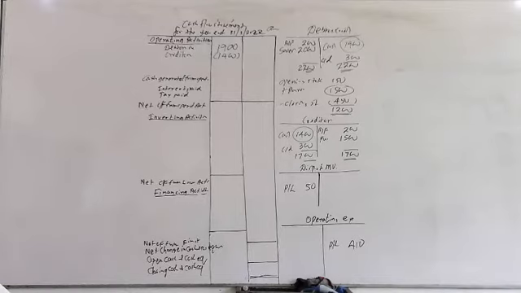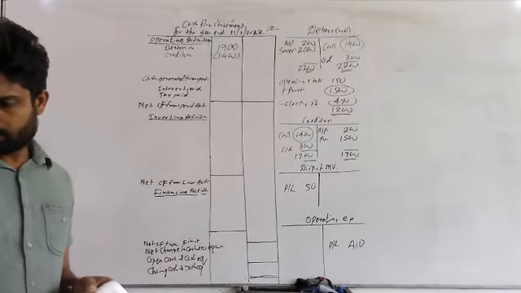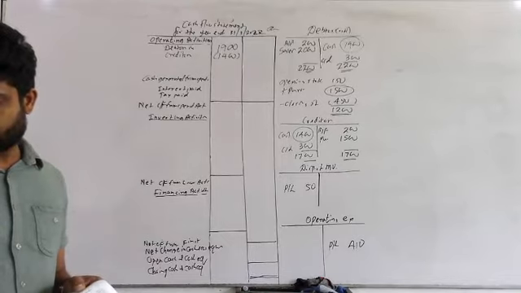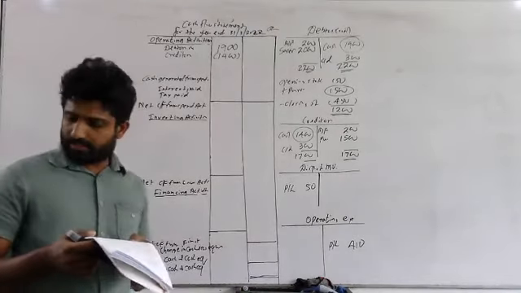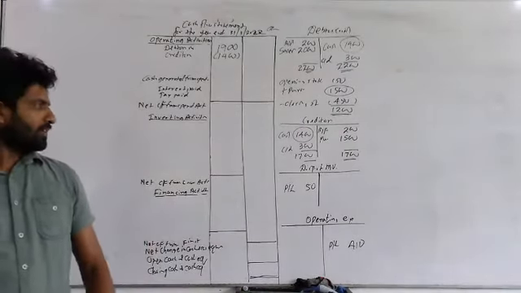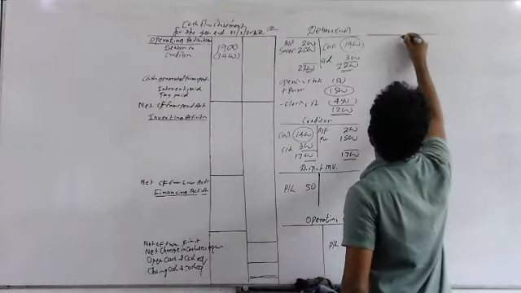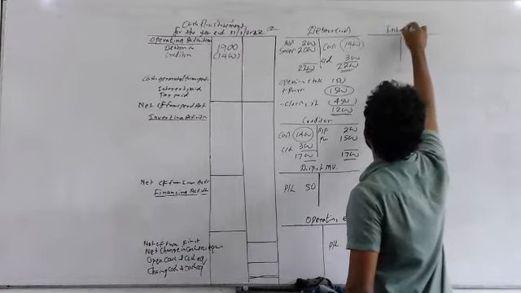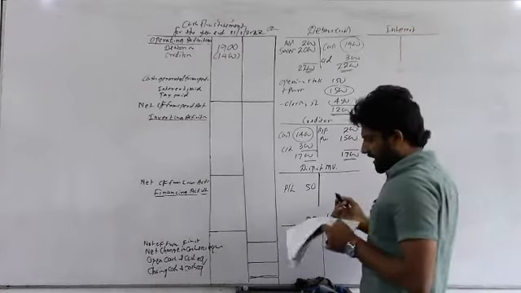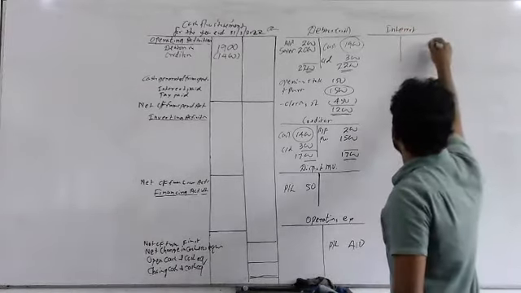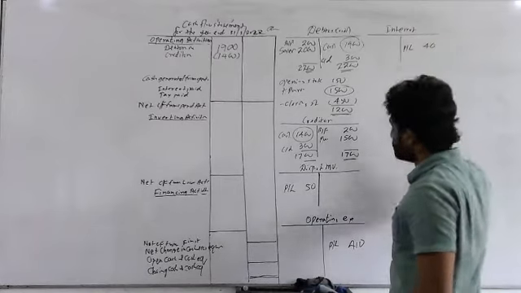Then next one. Interest expenses. We have that, this is the interest account. As the interest expenses is 40, we have charged it to profit and loss.